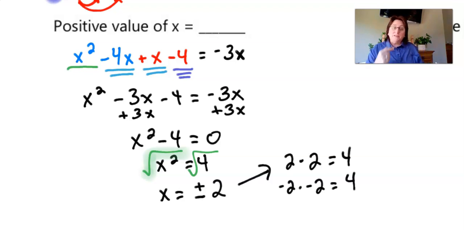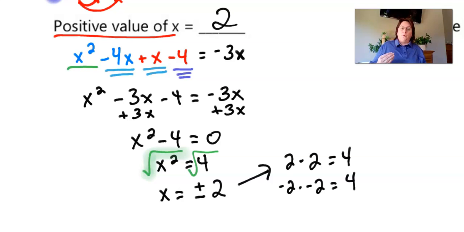So it could be positive or negative, but up here it says that we want the positive value of x. So the positive value of x is 2.